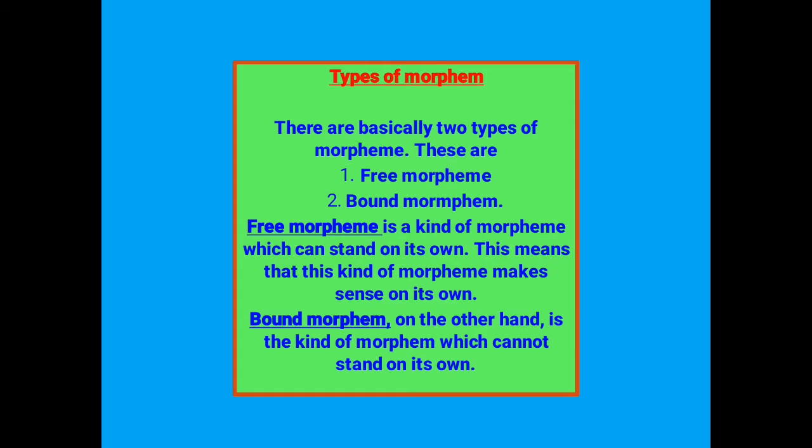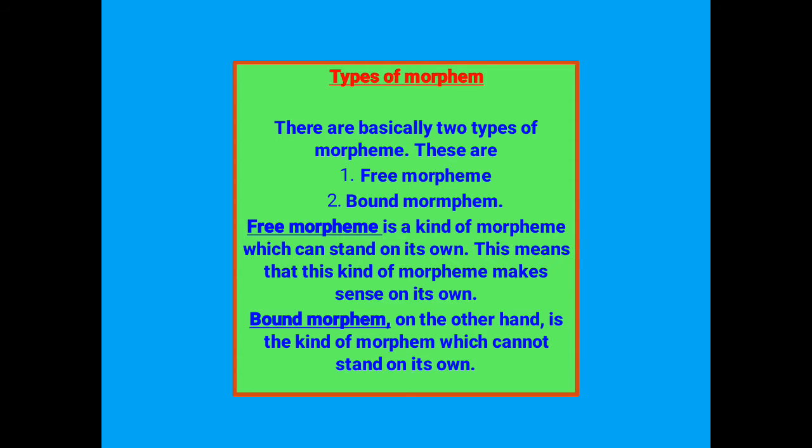This means that it makes sense on its own. It does not need any other morpheme's support. It stands on its own and there is sense in it. That's what we refer to as a free morpheme.